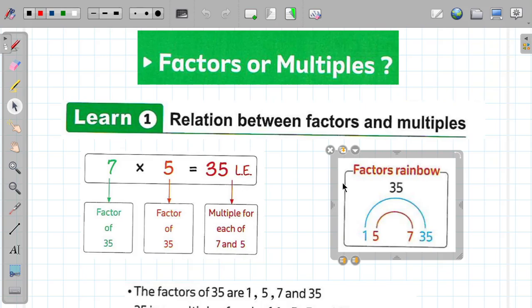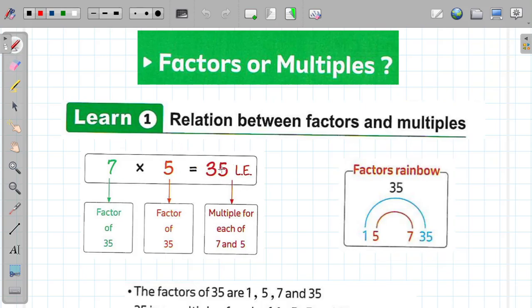If I have an equation like this, 7 times 5 equals 35, okay? I want to connect between the two numbers here and the big number here. I want to connect between 7 and 5 and 35. So if I want to say 35 is connected with 7 and 5, I can say 35 is a multiple for each of 7 and 5.